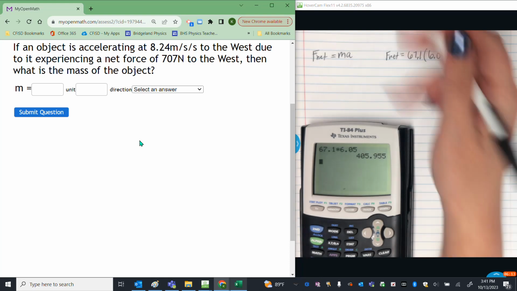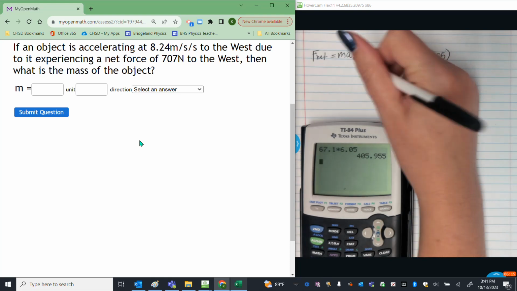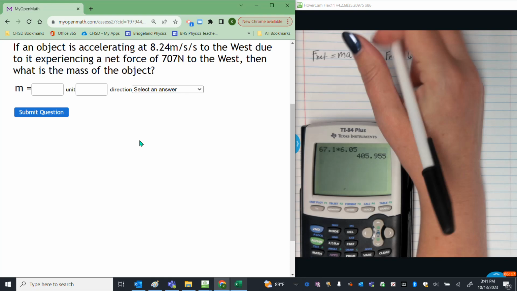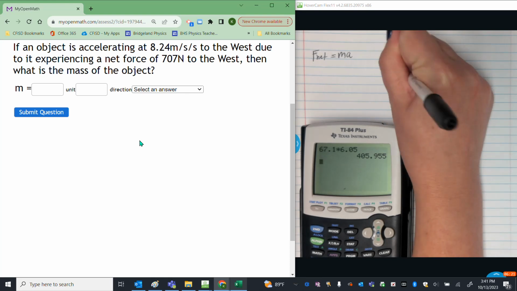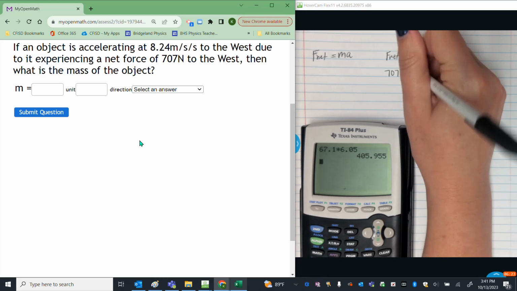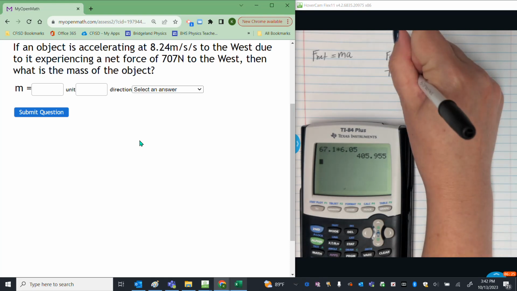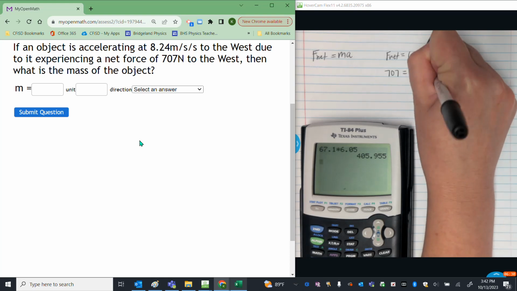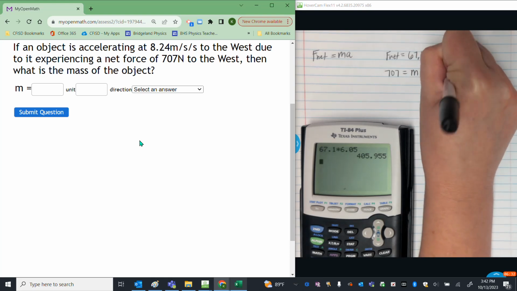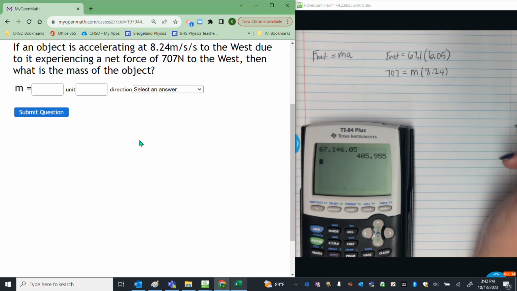So let's go ahead and put in the numbers. I'm going to write it down here and plug it into that formula. Net force is 707 newtons. It is equal to, my mass is what I'm trying to find, times the acceleration, which in this case is 8.24. Okay, and so that is my substitution step.